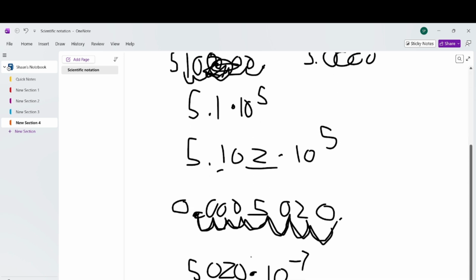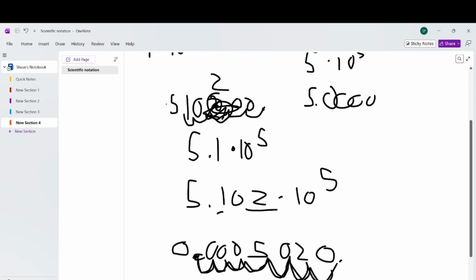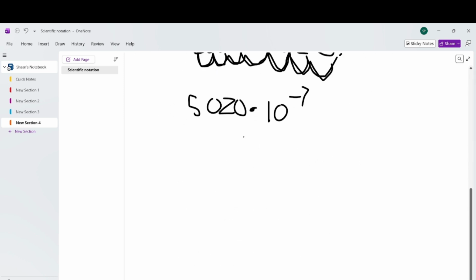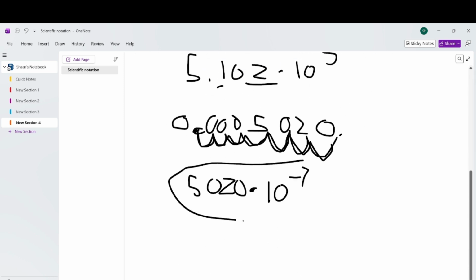A reason why we're starting at this 5 is, like I said before, this is a number that's not 0, so we can't write it as 0 times 10 to the power of -7, because that just wouldn't work. So you have to start at this 5 here and write 5020 times 10 to the power negative 7, which will still give us our answer. We'll still have 3 zeros in front of 5020, and it'll still give us this really small number, 0.0005020.